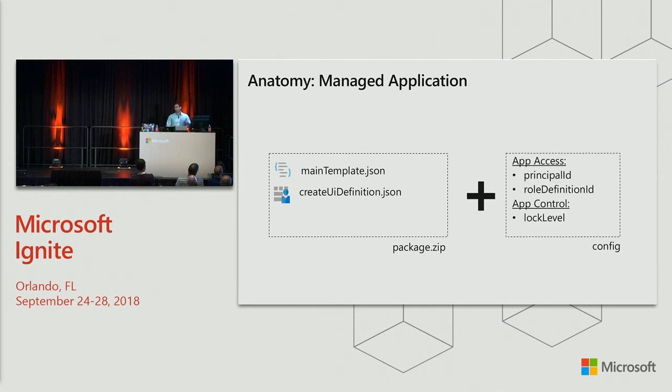This configuration really tells who will have access to manage this application when the end customer deploys this. So what principal and what role is needed. By role, it is an Azure AD role definition, which determines what permissions come as part of that. It could be an owner role, a contributor role, or any of the custom roles that are provided through Azure AD.